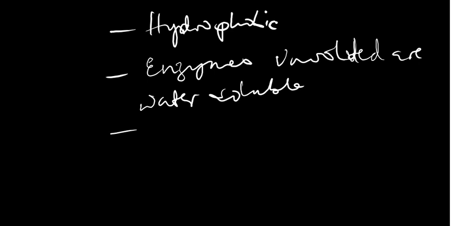Then the digestion of fats requires certain features that help these fats to be more susceptible to these enzymes. They have to be broken down before they can actually be worked on by those enzymes.